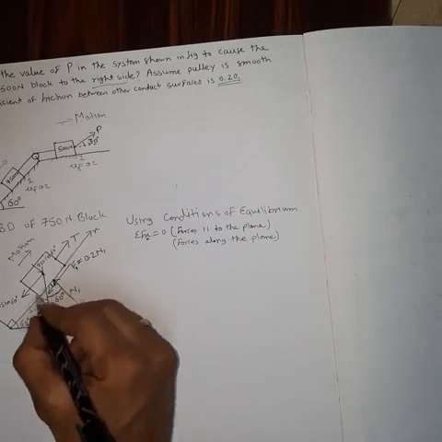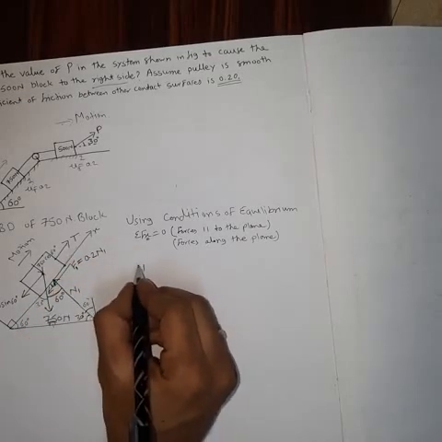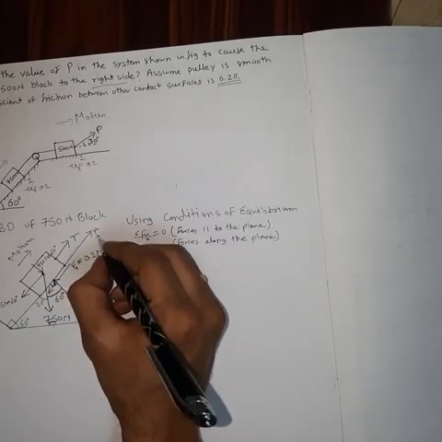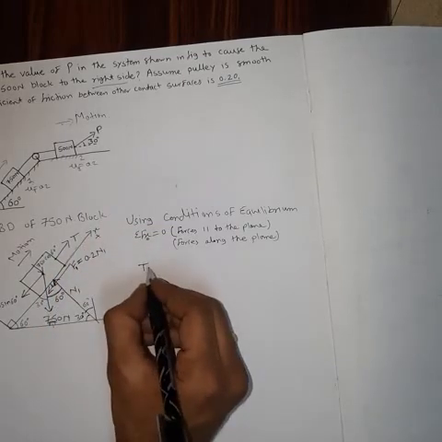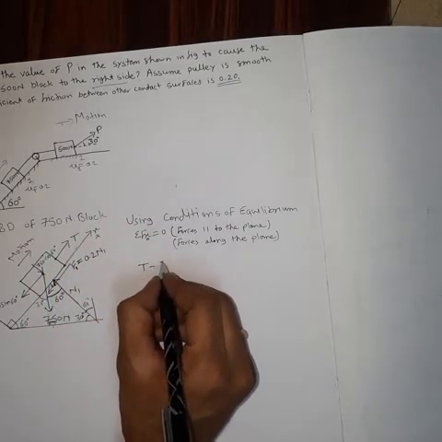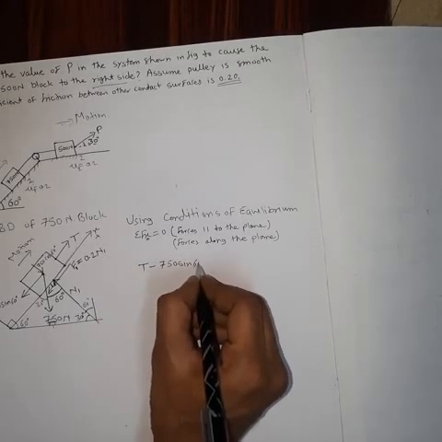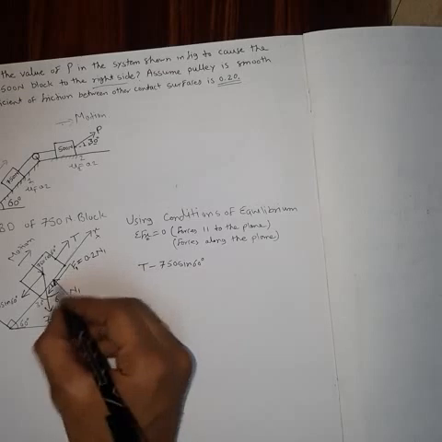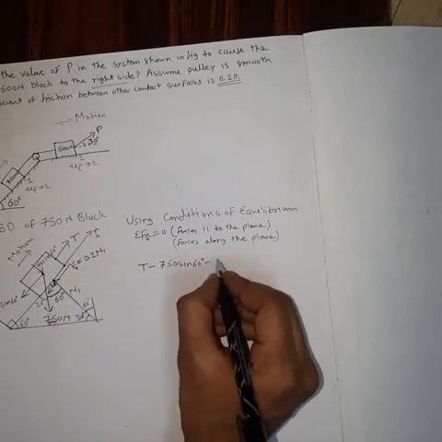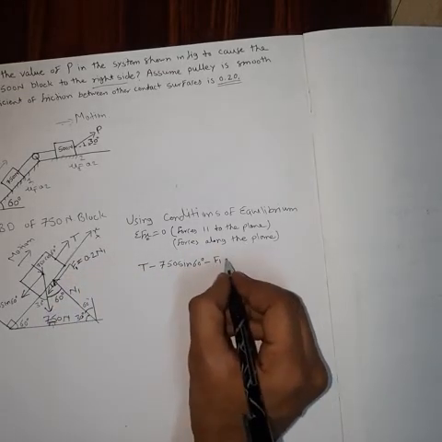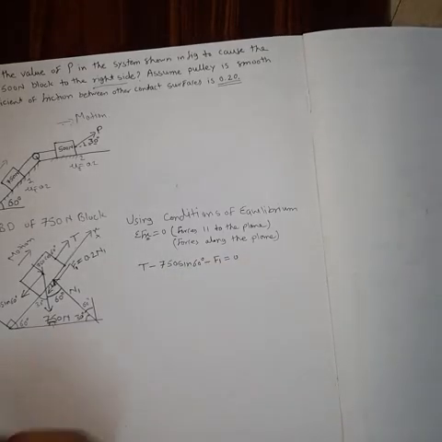So that will be forces along the plane is equal to 0. So we can say T, again this is positive x, so T rightward, therefore positive, minus 750 sin 60 degree minus F1 is equal to 0.